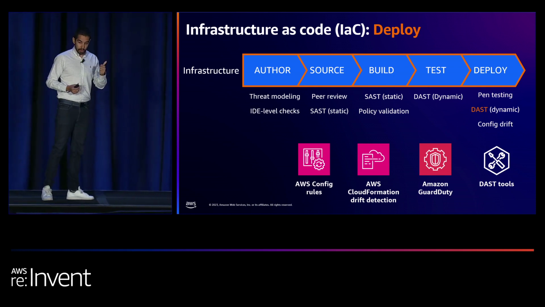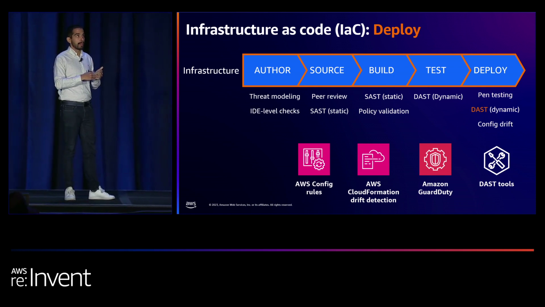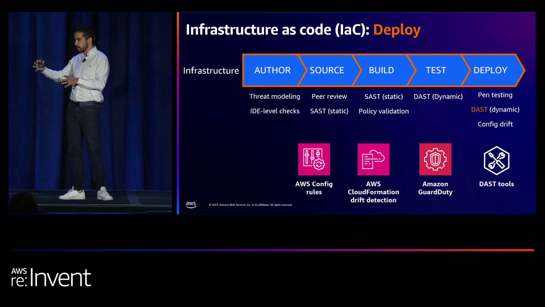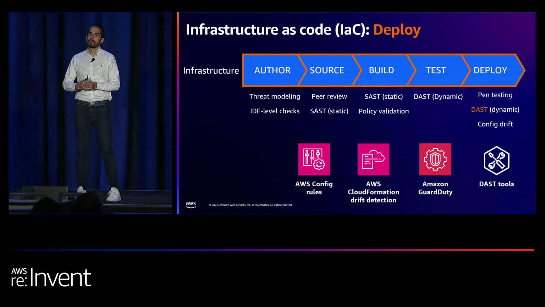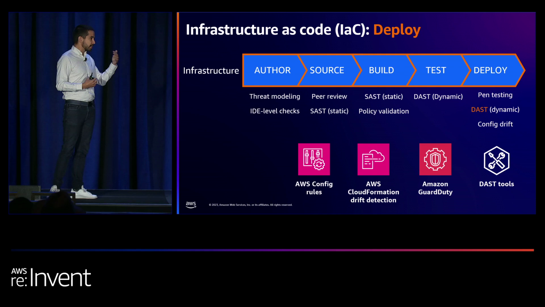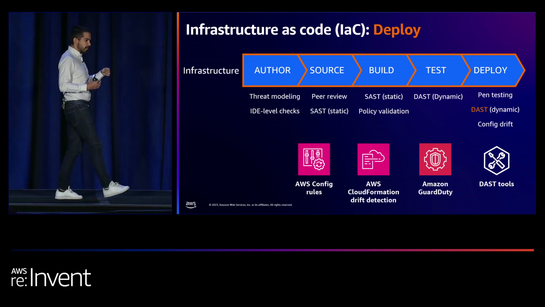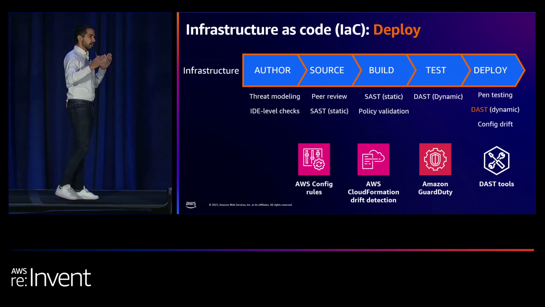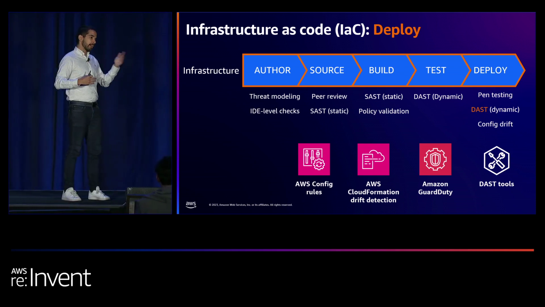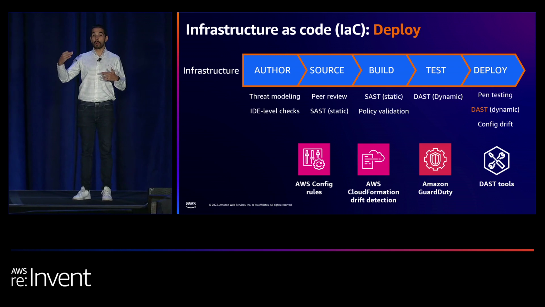AWS Config rules is a way to automatically evaluate that your AWS resources are configured based on your desired policies and your desired states. If some configurations deviate from what you want, Config rules can either alert you or even better, auto-remediate.